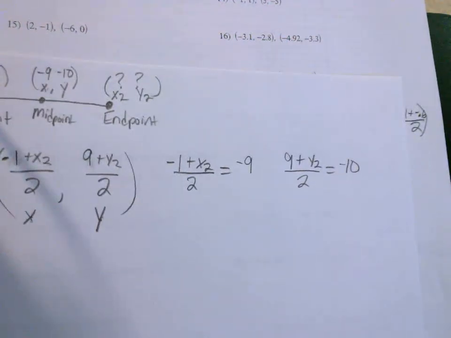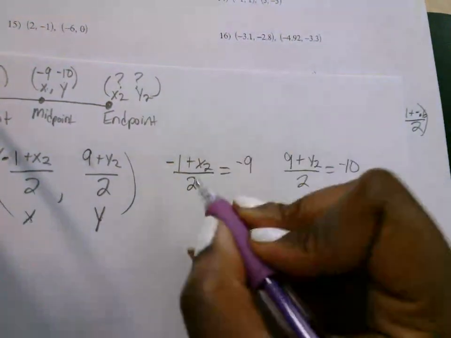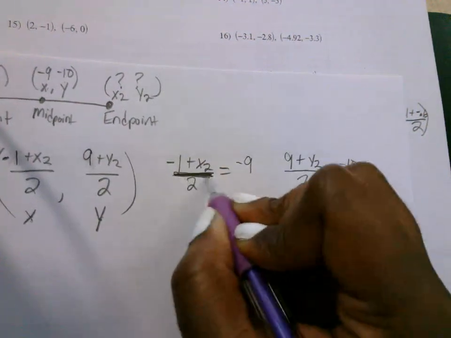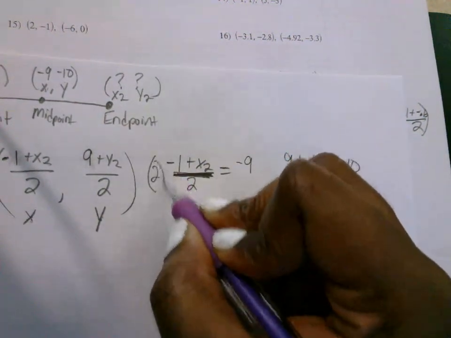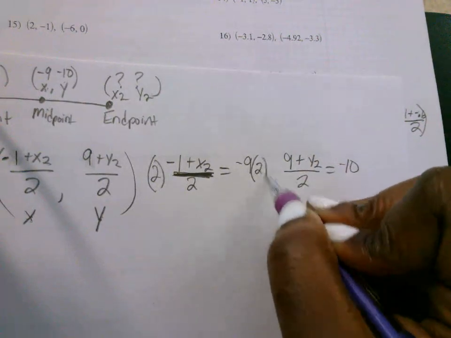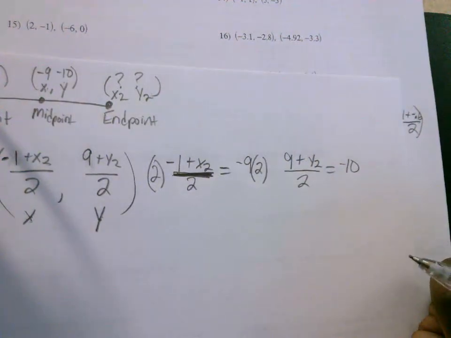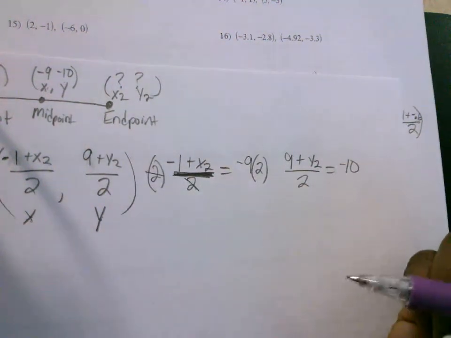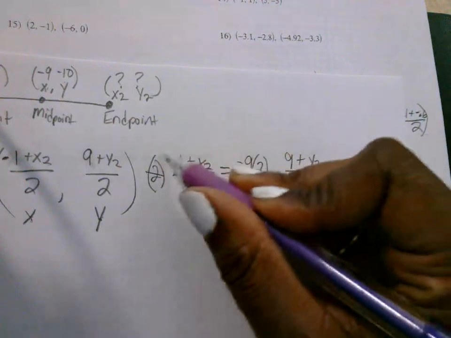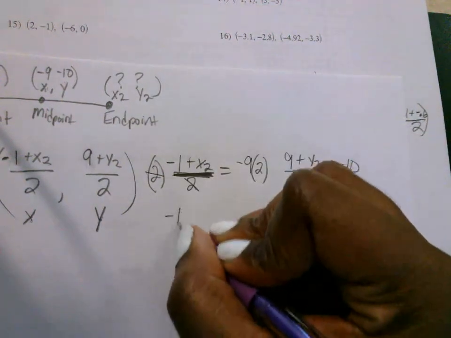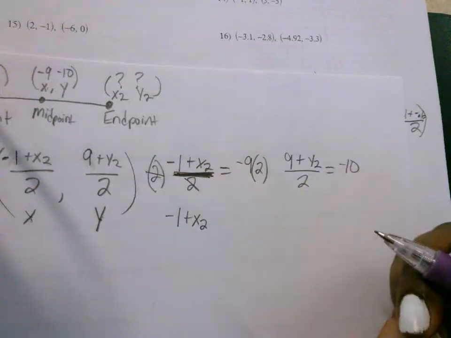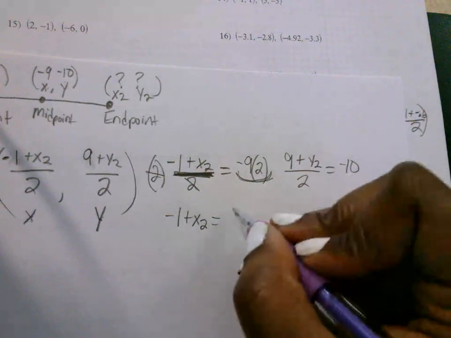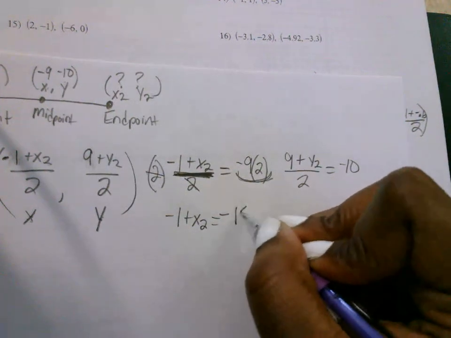In order to get the x2 by itself, I've got to get rid of this 2 that's being divided. What's the opposite of division? Multiplication. So you're going to multiply both sides by 2. When you multiply both sides by 2, the 2 as the denominator cancels out, and we're left with this expression on top: -1 plus x2 is equal to, what's this equal to? -18.